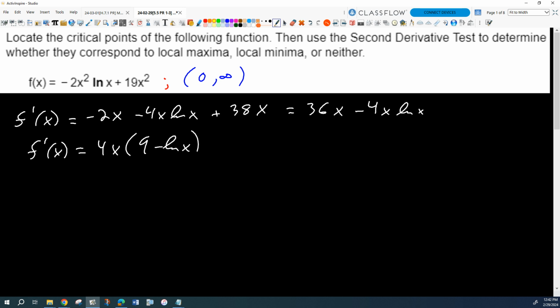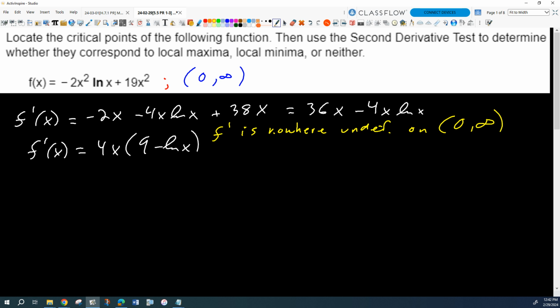So no, we're fine. The derivative is defined everywhere on its domain. So no place where it's undefined, no critical numbers there. I'll make a note of that.